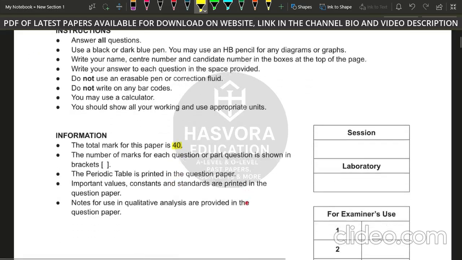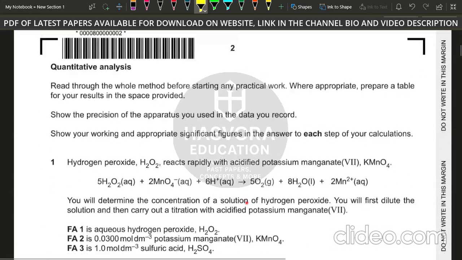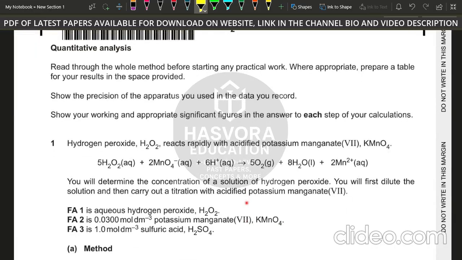Okay, so let's move on to question number 1. This is from the quantitative analysis. Read through the whole method before starting practical work. Prepare a table for your results in the space provided, and show the precision of the apparatus. Precision of the apparatus means that, for example, if an electronic balance gives you the value to 2 decimal places, you are going to record it to 2 decimal places.